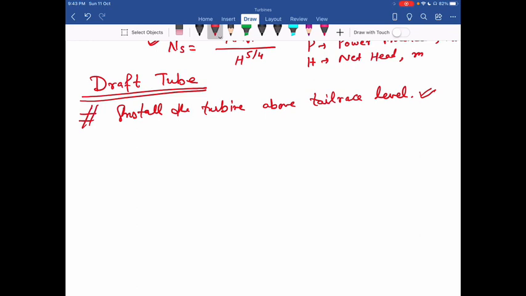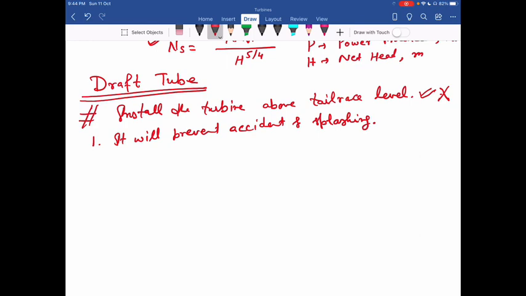Okay. Now this limitation is removed, you can say, by the use of a draft tube. How? Now we have three main functions for a draft tube. The first function is it will prevent accident and splashing of water.